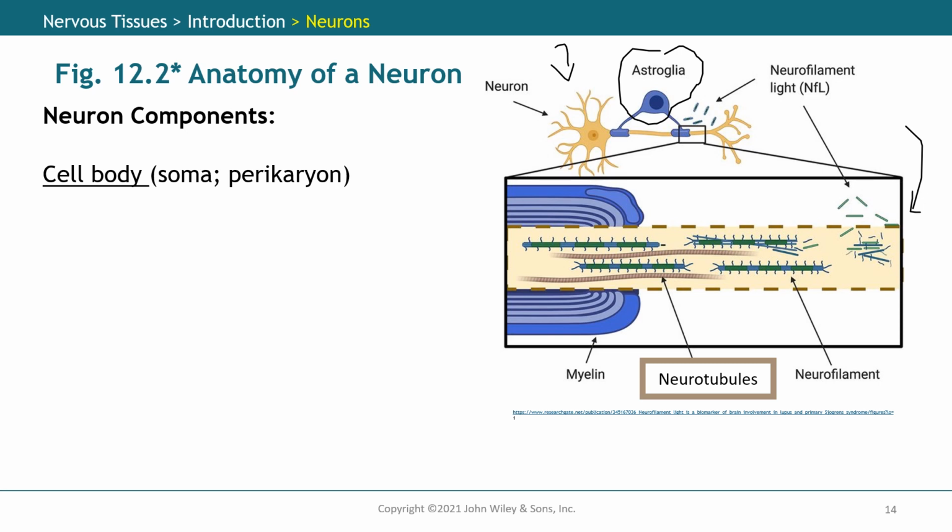So here you see all this cytoskeleton, and a specialized cytoskeleton, the neurotubules and neurofilaments. And in this particular case, you also find, of course, the insulating layer of myelin.